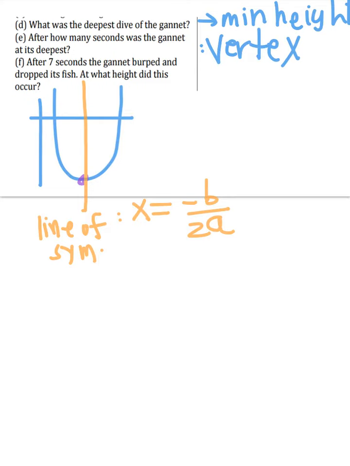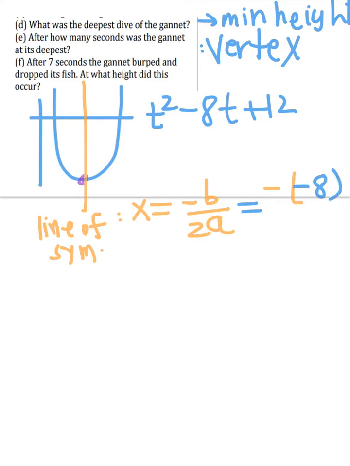And from the earlier, we know that function is t squared minus 8t plus 12. And when you plug all those values, b is negative 8, so I'm going to put minus minus 8, over 2a, and a is 1.